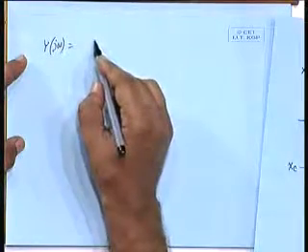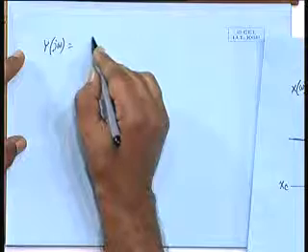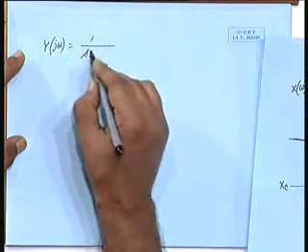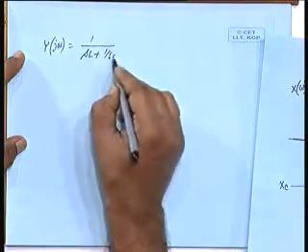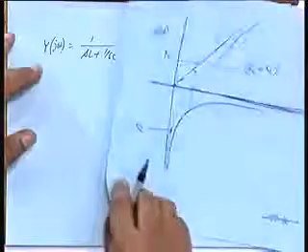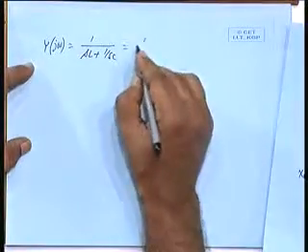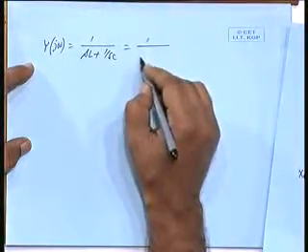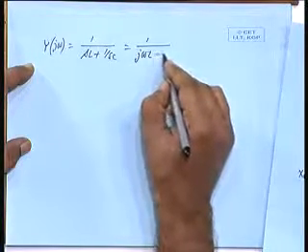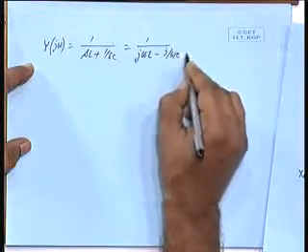It will be 1 over this quantity, okay, one by j omega L minus j by omega C.